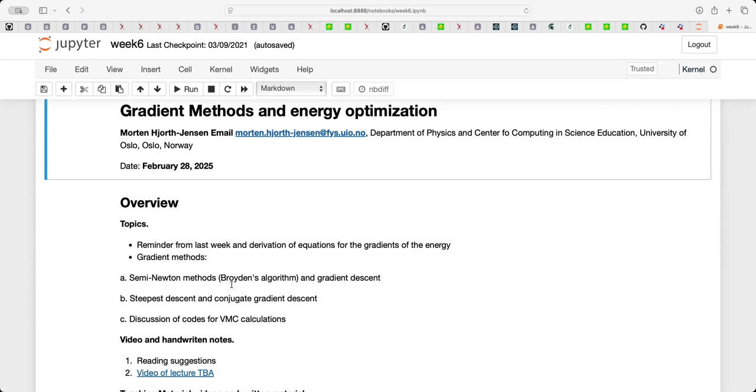So we don't want to waste cycles away from the energy minimum, because these are points which are of no use for us, because we are away from the optimal point. So to find the optimal point means finding the optimal values for the parameters of the trial wave function.